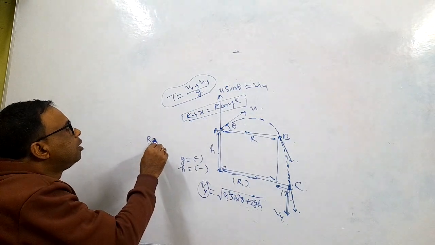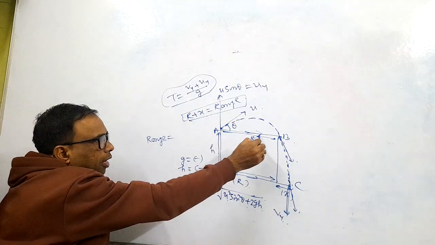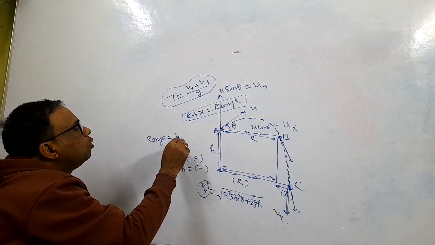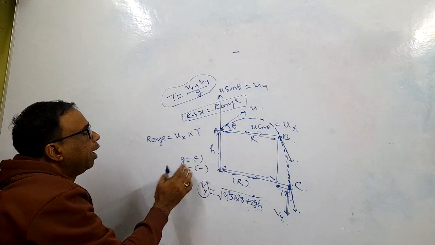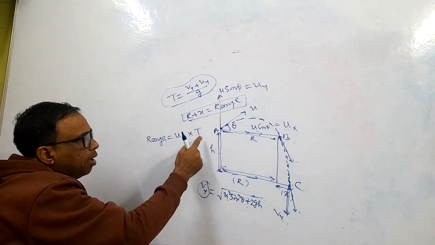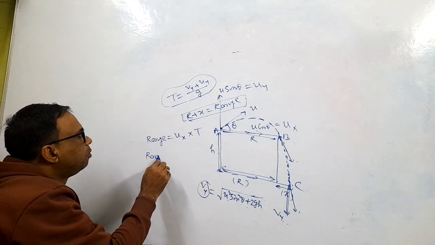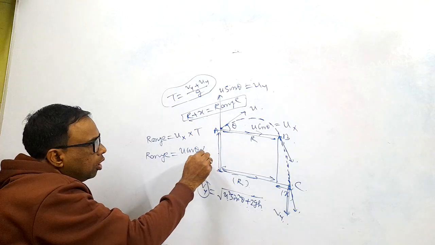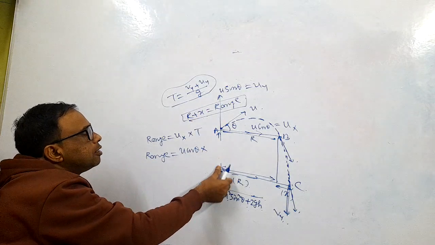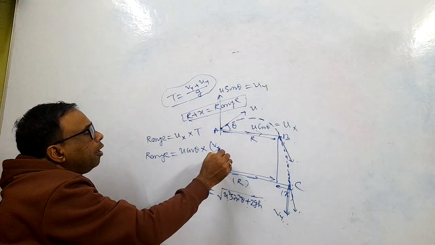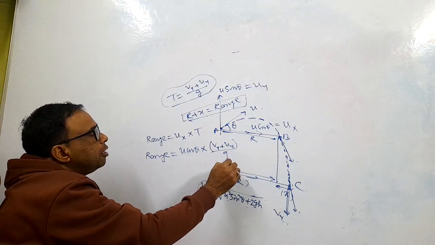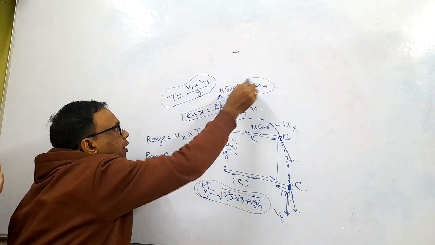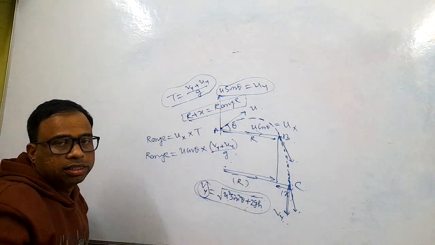Range means u cos theta, that is the horizontal velocity ux, into total time of flight. So range will be u cos theta into t, that is vy plus uy by g, where vy means this and uy means u sin theta, divided by g.